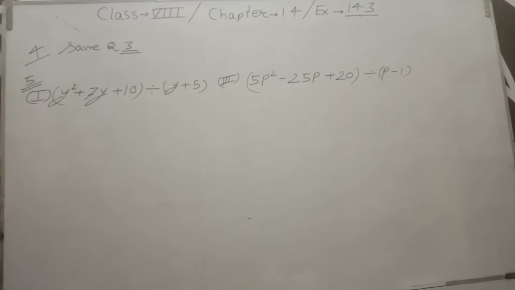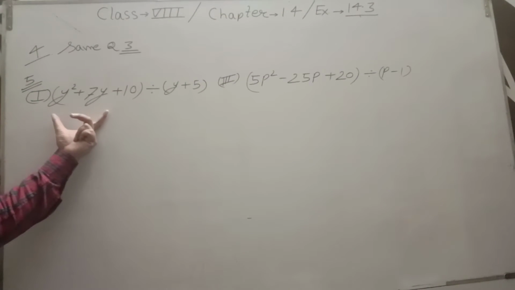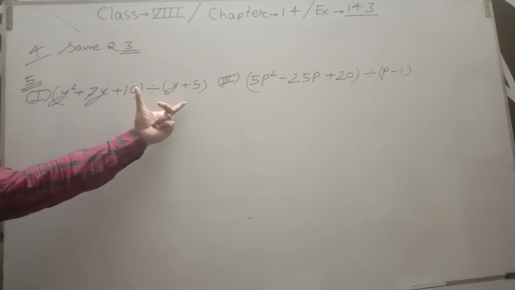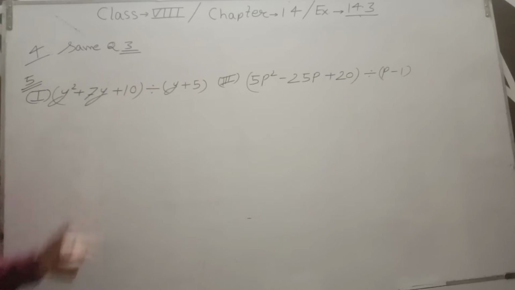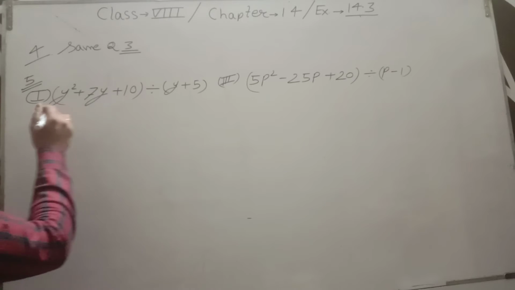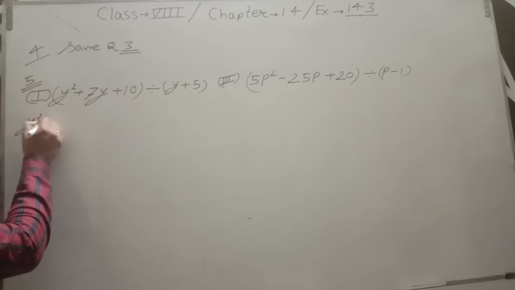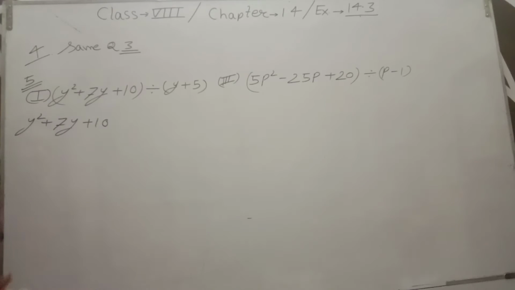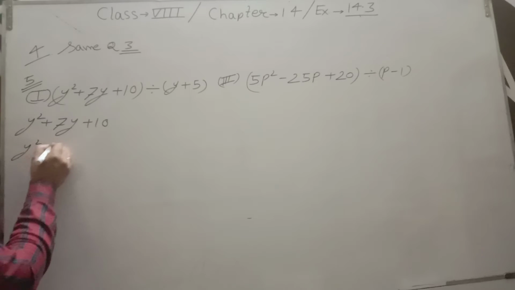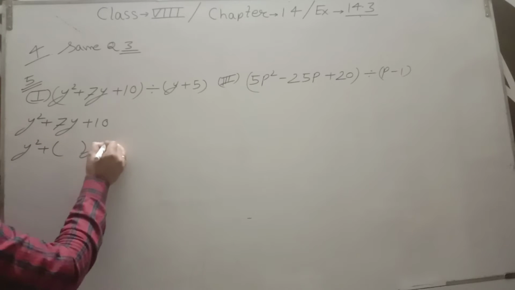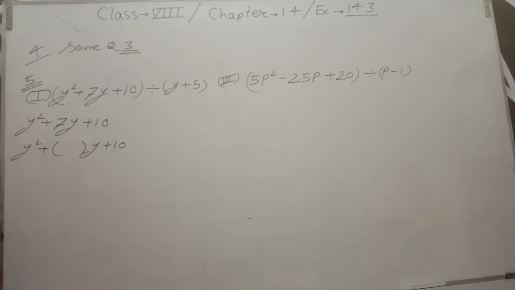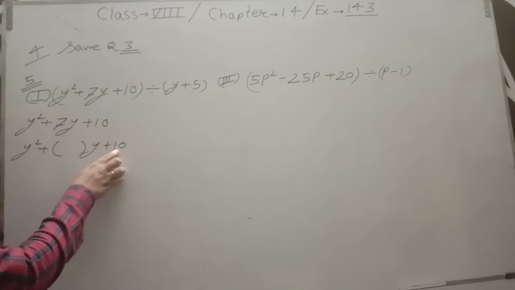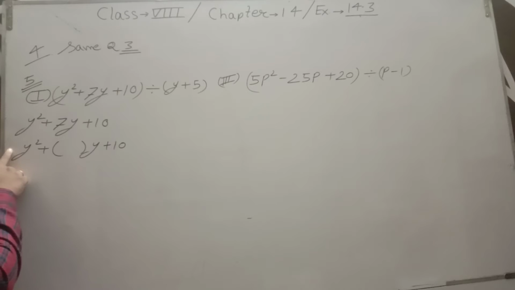In its first part, it is a trinomial and we have to divide it by a binomial. So we factorize the numerator, and we use the splitting the middle term method. For this we have to split 7 into 2 parts. In this method, firstly multiply the first coefficient by the last, 1 times 10, which is 10.